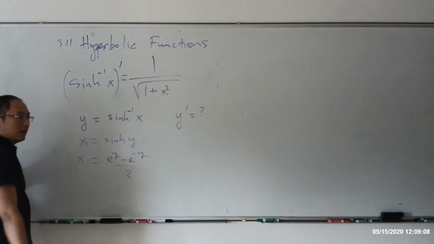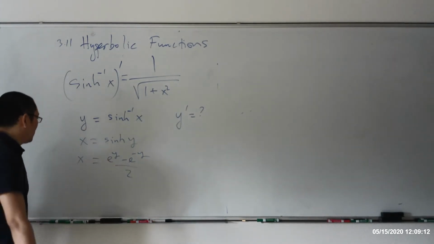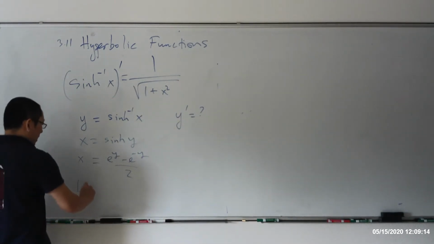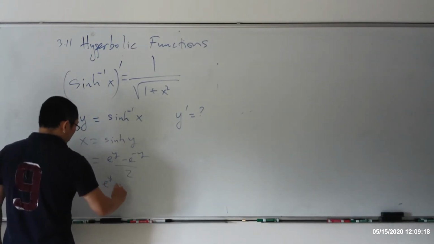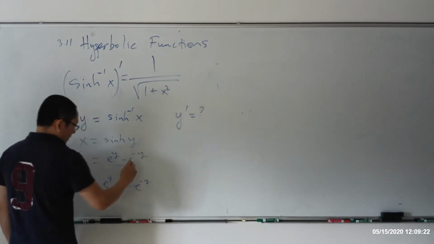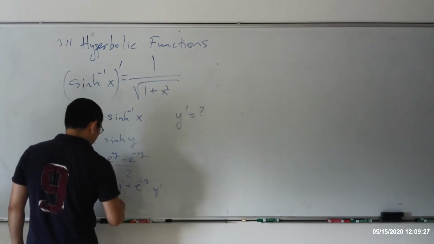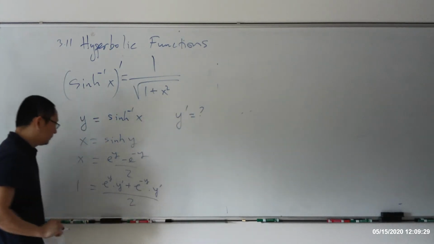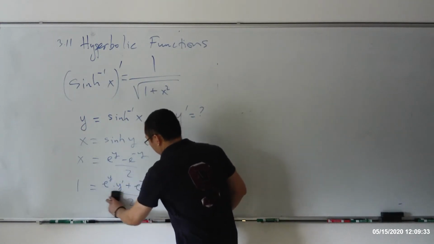That's x. Now we have implicit differentiation already. Differentiate both sides. This is 1 equals e to the y, derivative is e to the y times y prime, minus e to the negative y times negative y prime, so it becomes plus y prime again. This is over 2. Multiply both sides by 2 to make it easy.